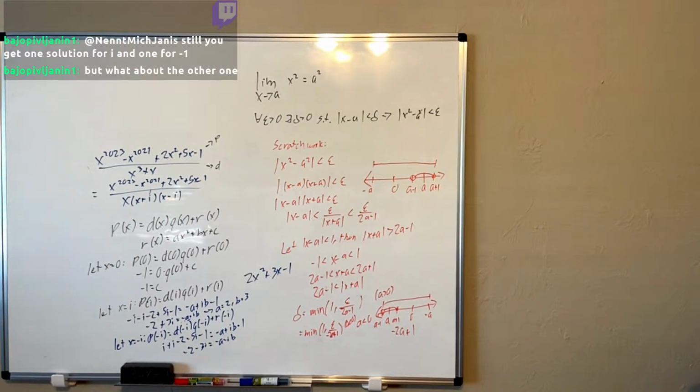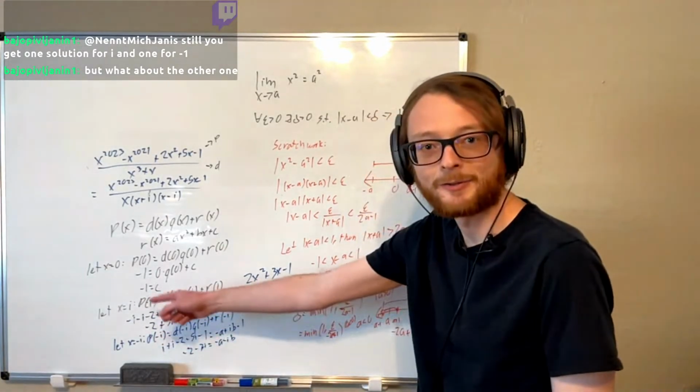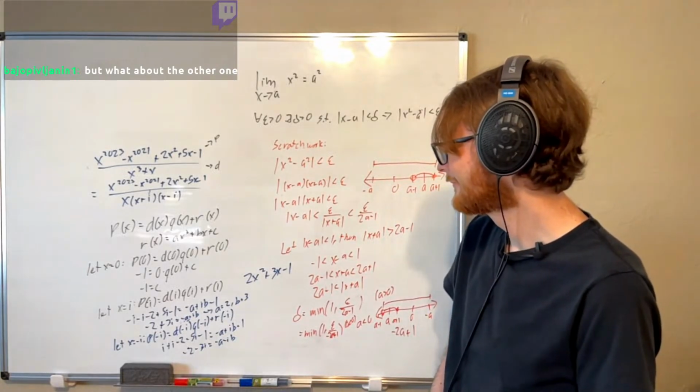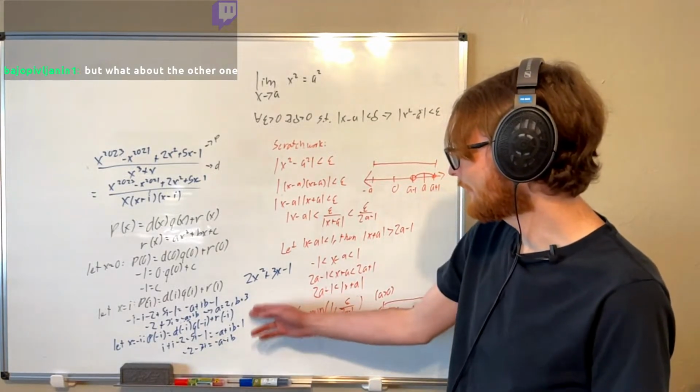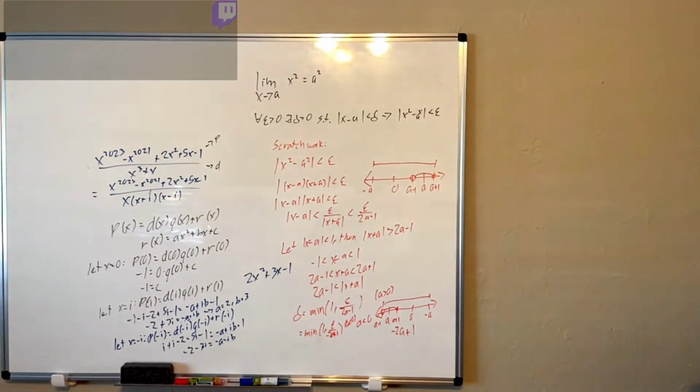No, you only get one. No, you don't get different solutions. If you're getting different things for i and negative i, you did something wrong, bio. In both of these, A equals 2 and B equals 3. You shouldn't get two different things.